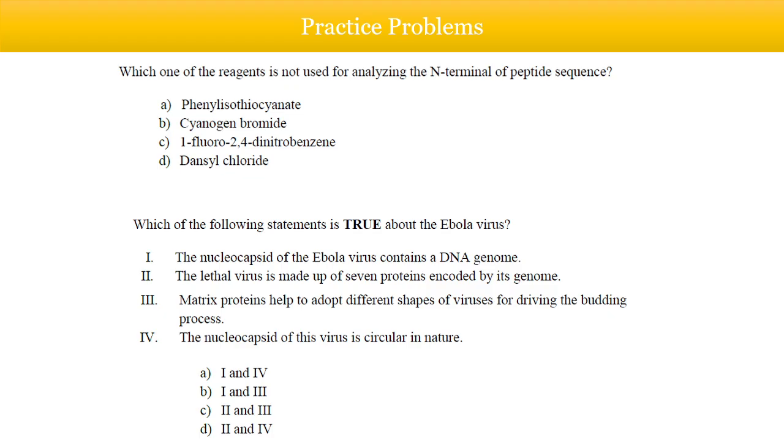All of them are used for N-terminal amino acid analysis of peptides. But cyanogen bromide is used to cleave a peptide chain specifically at the C-terminal side of a methionine residue. That is why it's not used for N-terminal analysis.